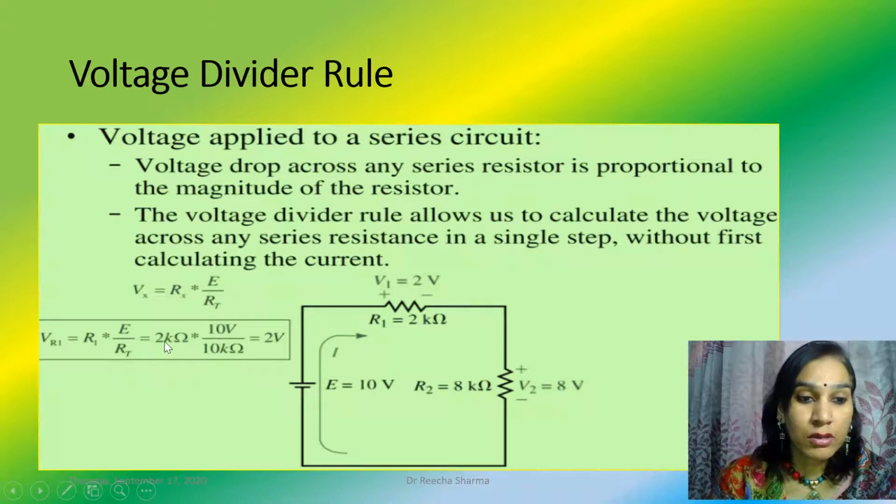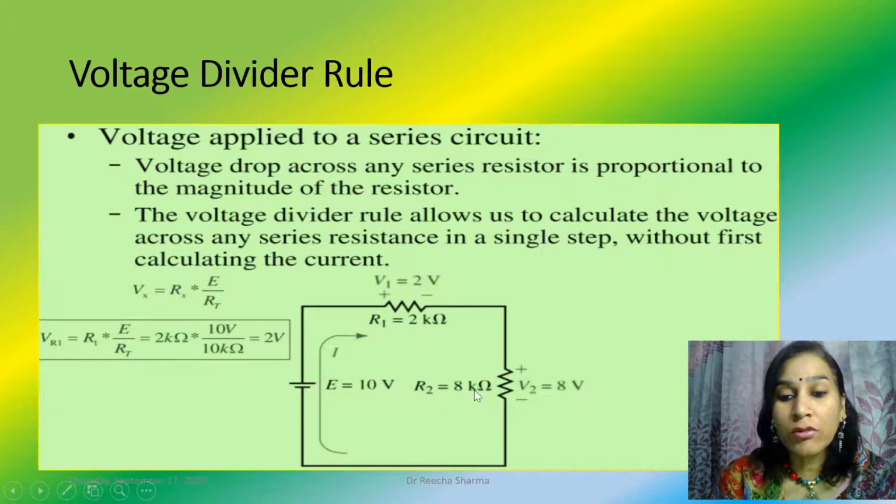So the value of R1 into the applied voltage of 10 volts upon the total resistance, 2 plus 8, which is 10. So VR1, the voltage across resistance R1, is 2 volts.